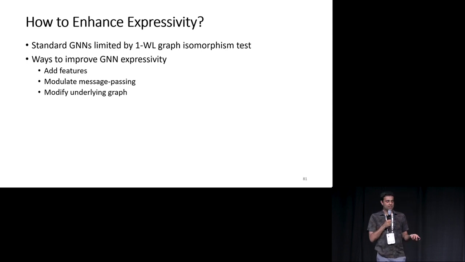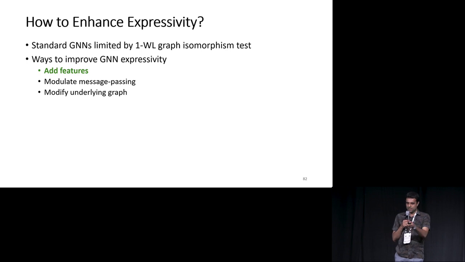And I like to think of three broad buckets or three types of approaches to improving expressivity. The first one is to add features that capture some kind of structural properties. The second approach is to modulate the message passing mechanism itself. And the third approach is to alter the underlying graph.